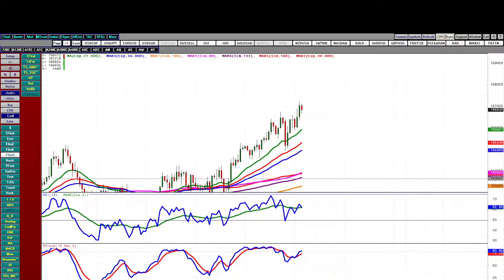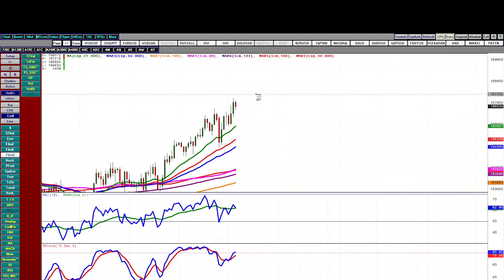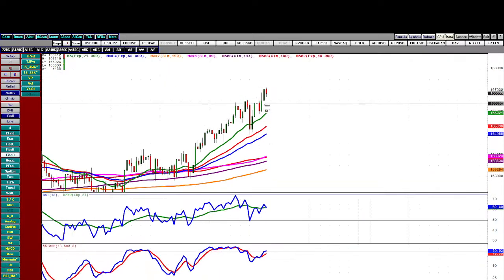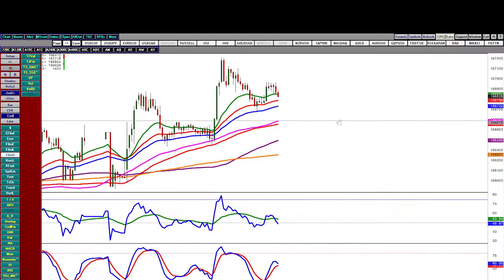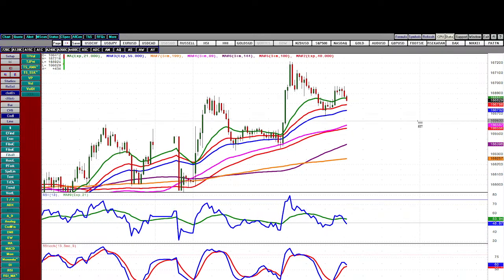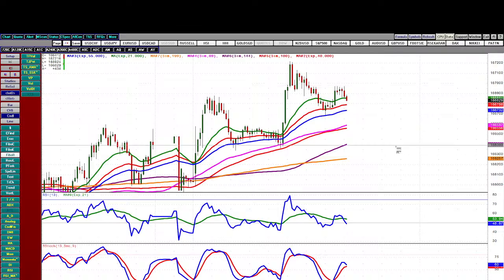I have to do some setting. Okay, so now you are seeing this Euro Yen chart. What we can do is go for a buy at 66.45.